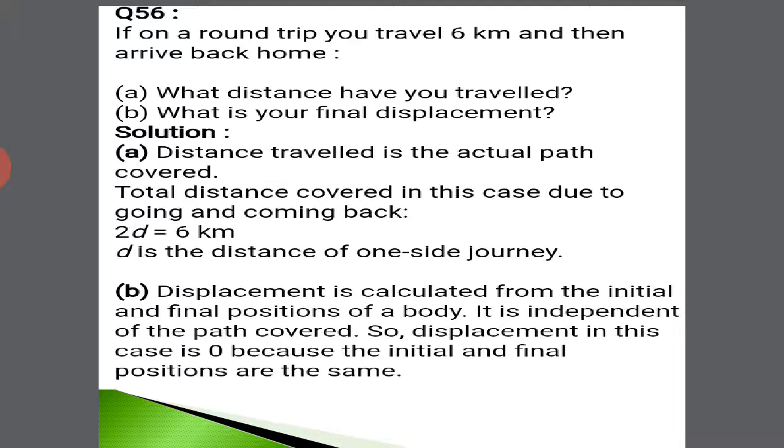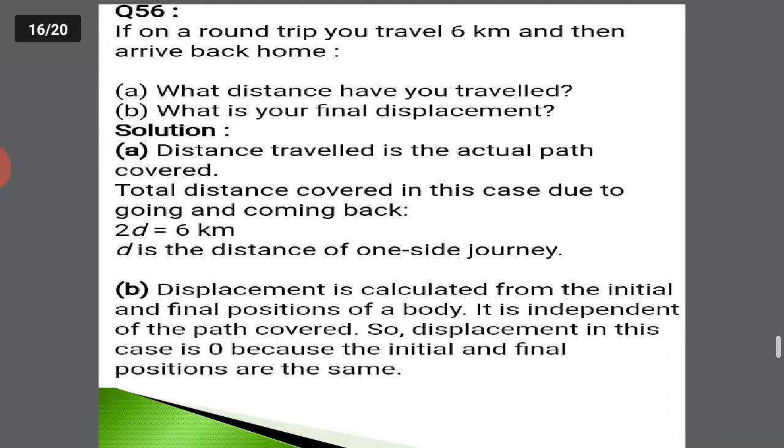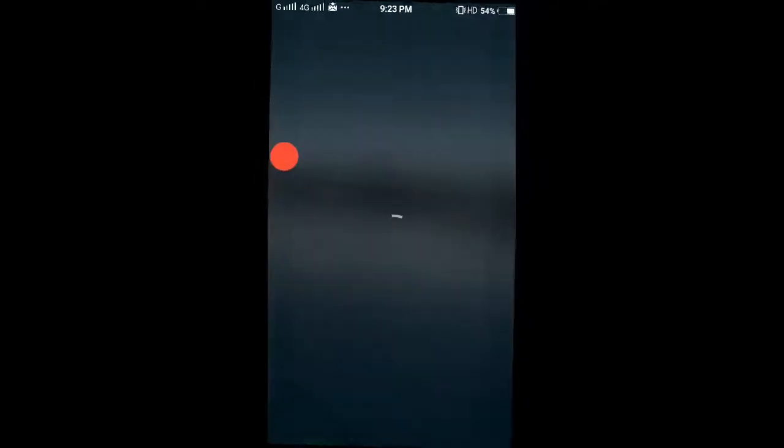Distance will be the actual path covered, so the total distance covered in this case, going and coming back, is 2d equal to 6 kilometers. Okay, d is the one-sided journey. Displacement is calculated from the initial and the final position.